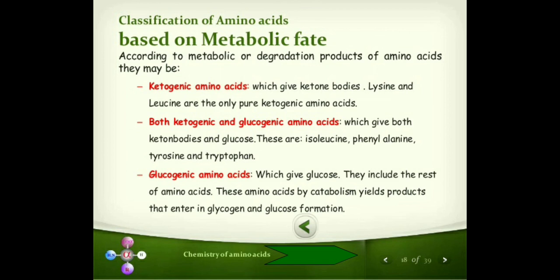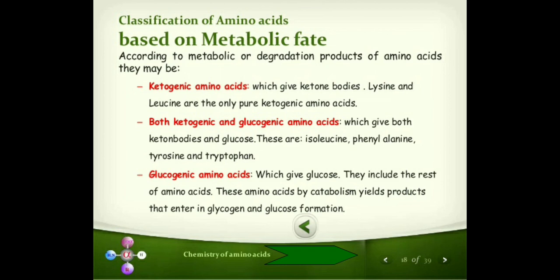So there are two pure ketogenic amino acids, lysine and leucine, which on their degradation give only ketone bodies as end products of their metabolism.